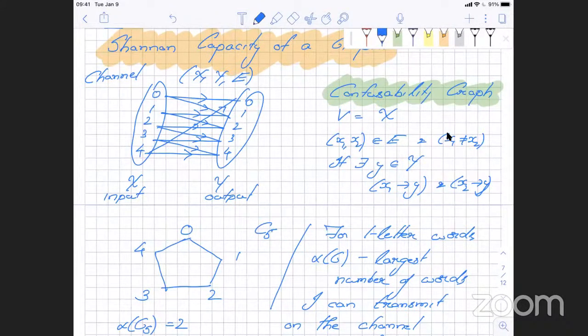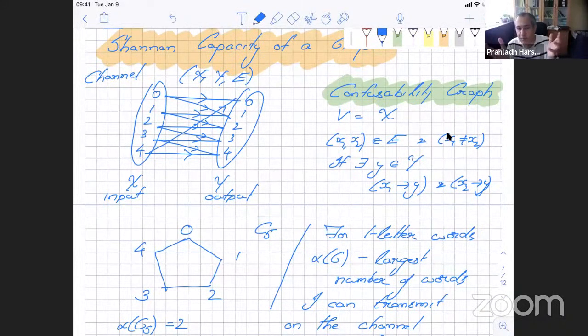If the channel was a complete bipartite graph, that means every input could be confused with every other, you can't send anything in the zero error model. But if it is anything less than complete, you can get independent sets of size larger than 1, and that will help you transmit things. The moment the confusability graph is not complete, you will get an independent set of size at least 2, and you can begin doing things with it.